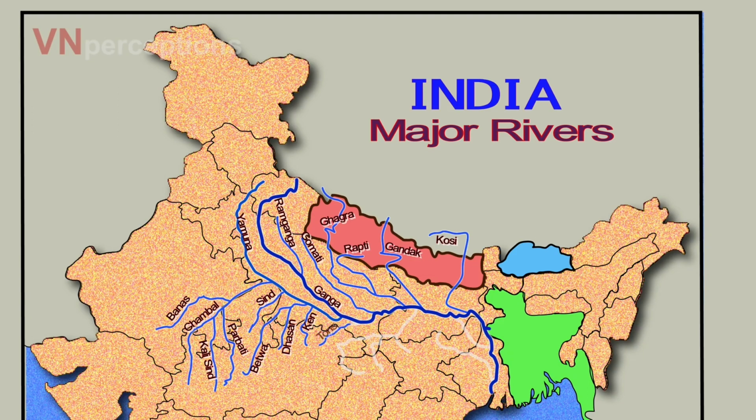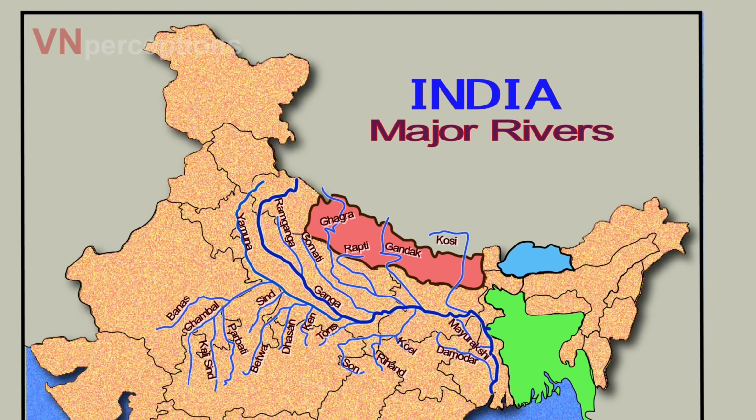Then it is Ken and Tons. River Son joins River Ganga. The tributaries of River Son are Rihand and Koyal. In West Bengal, River Ganga is joined by Mayurakshi and Damodar.